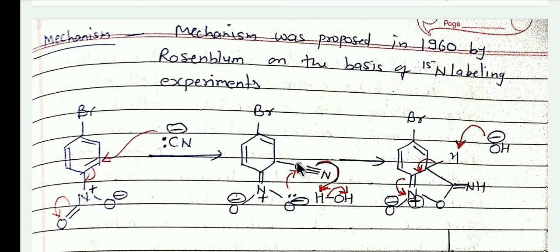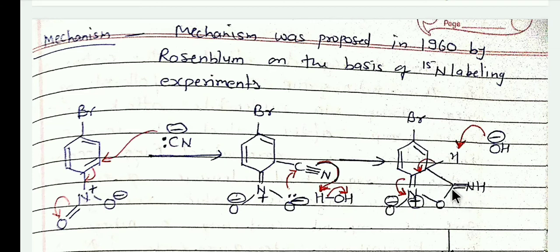So this carbon becomes positively charged and this nitrogen becomes negatively charged. This nitrogen abstracts a proton from the water molecule, and this O minus of the nitro group attaches to this carbon atom. OH is removed as OH minus. So we get this type of structure.